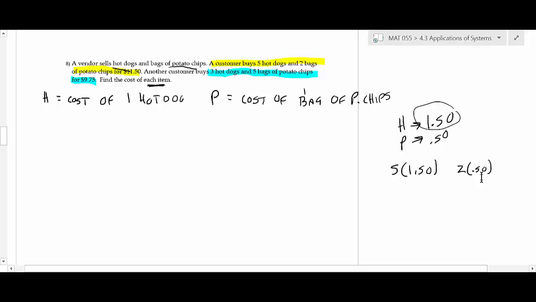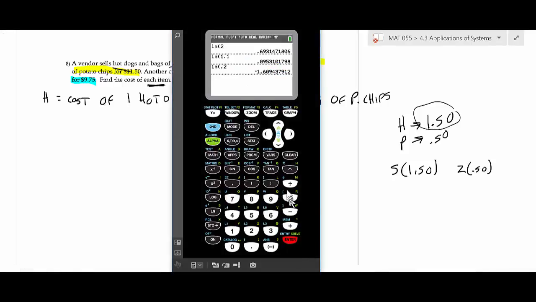Okay, well, let's see if we get 11.50. If I do, this is an incredibly lucky day for me because that would be an incredibly lucky guess. So let me find out. So let's see, if we go 5 times 150, okay, that would be the cost of the hot dog. So that costs $7.50. Okay, and then you have 2 bags of potato chips, 2 times 50, of course, would be $1.